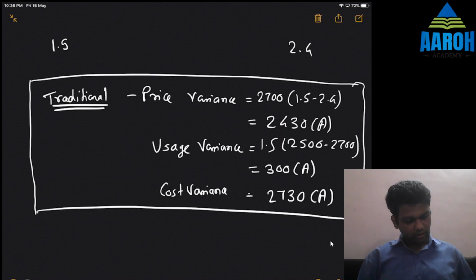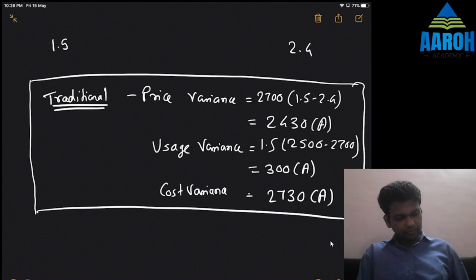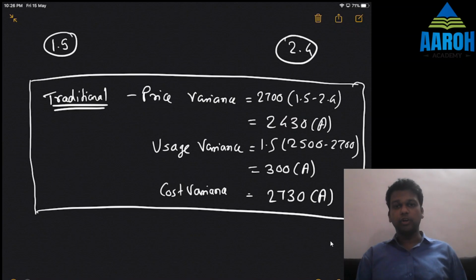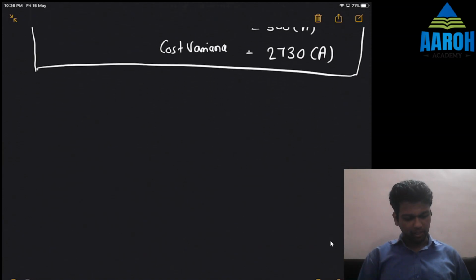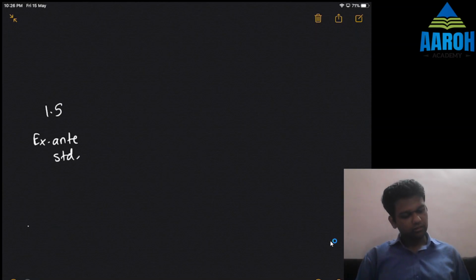Okay. Let's see where this traditional analysis fails and why this approach is better. Okay, planning and operational approach. So now we'll take again 1.5 and 2.4, but we'll subdivide it into multiple parts. 1.5 was our original standard, which we can call the ex ante standard. 2.4 was our actual.